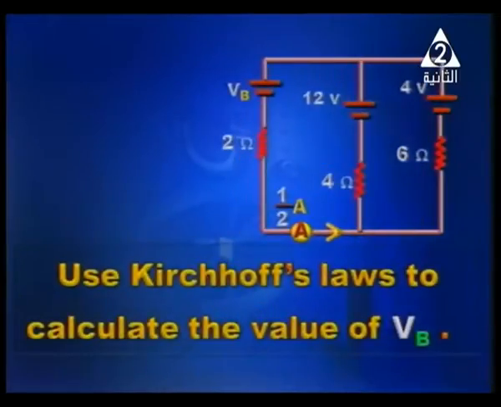Another problem: use Kirchhoff's laws to calculate the value of the EMF of the cell, V battery. In front of you, we've got 3 cells. One of them is a 12-volt cell, the other is a 4-volt cell, and they are known, but we have a cell of unknown EMF, VB.